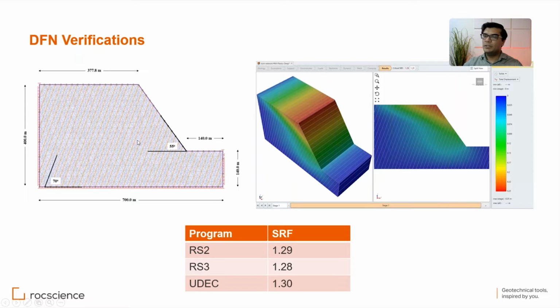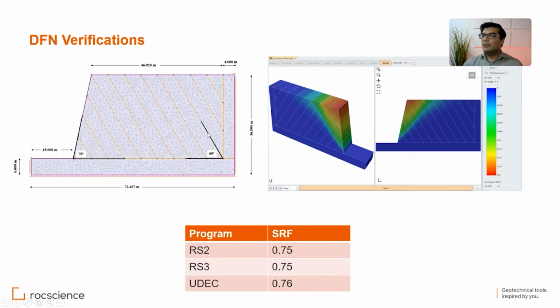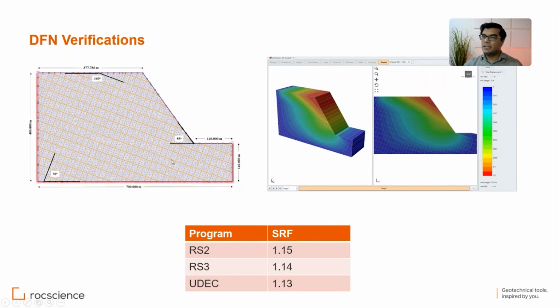In this example, we only had one set of joints. In the other example, we had a combination of explicit joints and also the DFN. And in the other example, we had a combination of two parallel DFNs that are intersecting each other. And in all the cases, we calculated the critical SRF, and as you can see, the results are very close between all the programs.